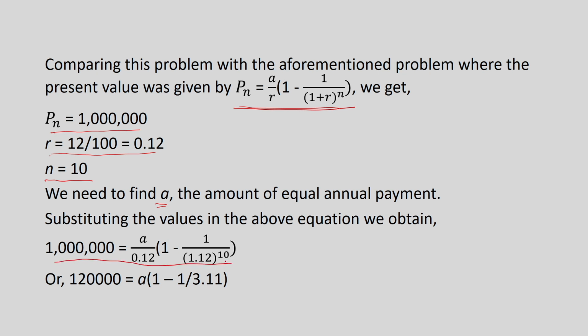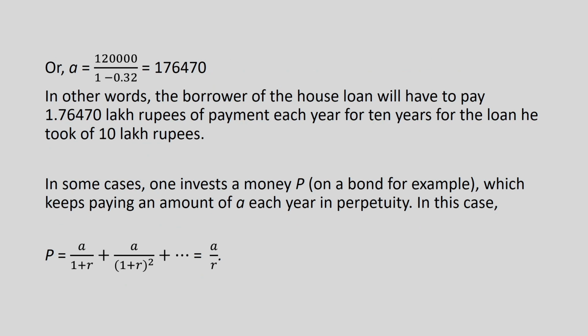If we do so, we get 1 million is equal to a divided by 0.12 multiplied by 1 minus 1 divided by 1.12 to the power 10, and then we basically simplify this relation, and what we get in the end is small a, which is 176470.